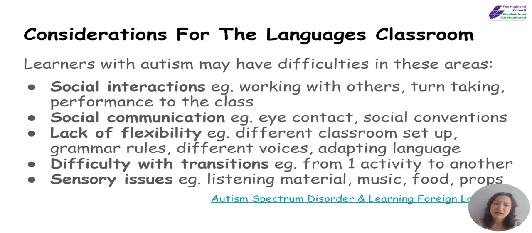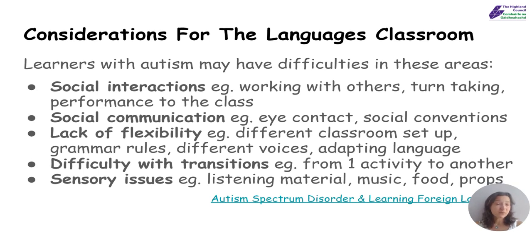Other areas to look at, things like social communication. Children might struggle with eye contact, and often we use eye contact when we're communicating to show understanding, to show that we're listening. But do we need to insist on it? There could be other ways of children engaging and showing their understanding, using non-verbal cues, for instance.